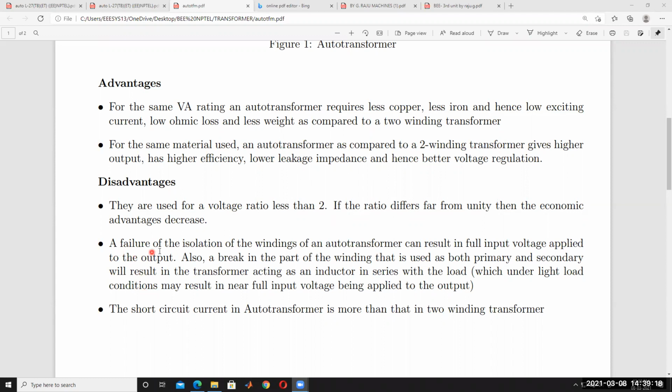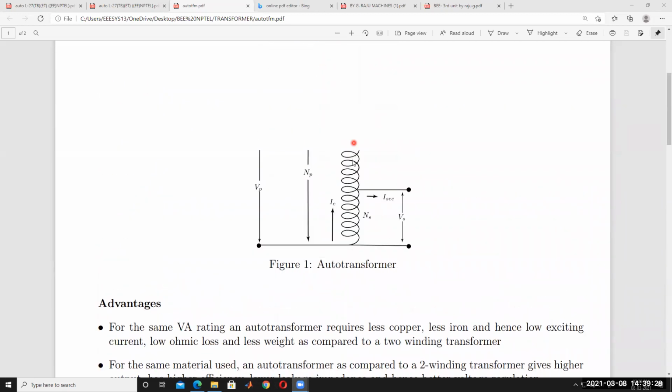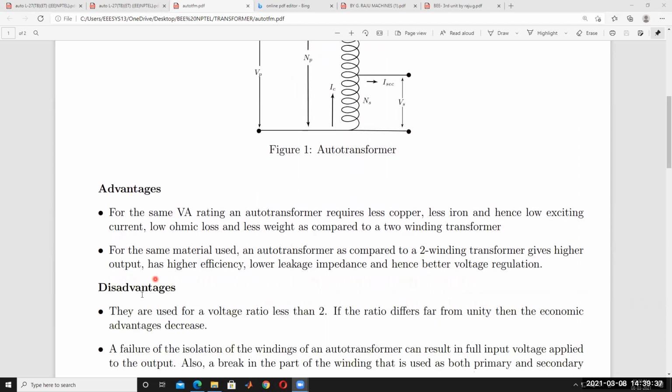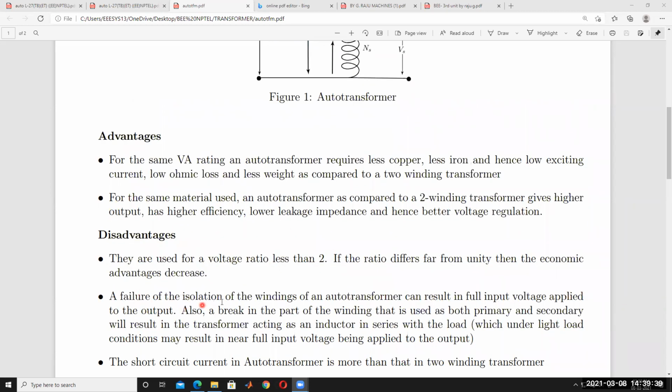Next, a failure of isolation of the winding of an auto transformer can result in the full input voltage being applied to the output.